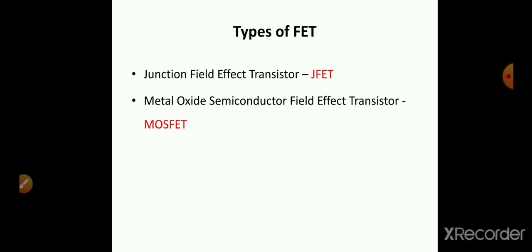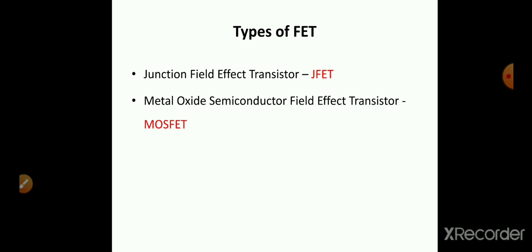Next one is the classification of field effect transistor. Field effect transistor can be classified into two. Mainly, they are junction field effect transistor and metal oxide semiconductor field effect transistor. Field effect transistor means here the electric field controls the current.